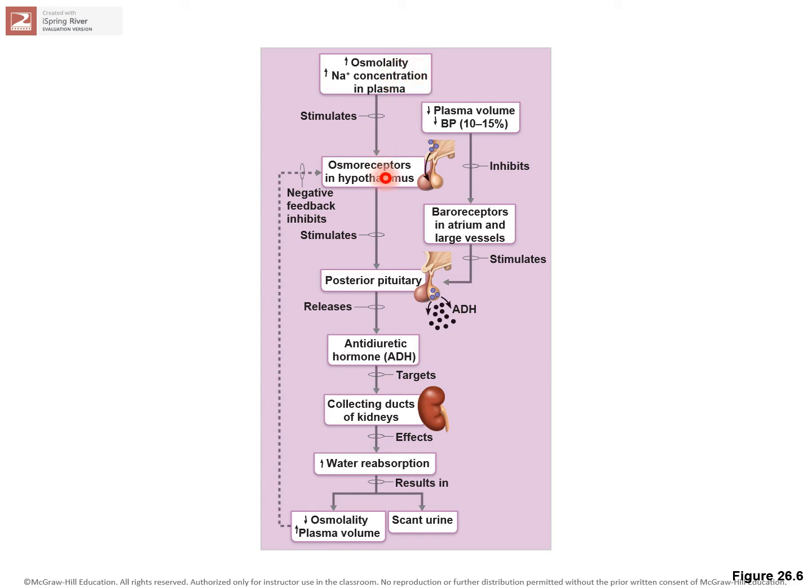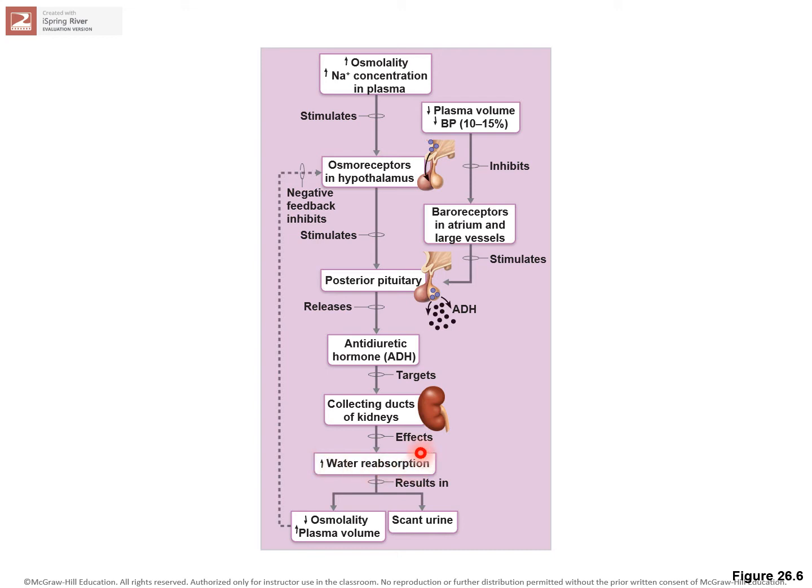This causes the activation of osmoreceptors in the hypothalamus, which in turn activates the posterior pituitary gland to secrete antidiuretic hormone. When the antidiuretic hormone acts upon the collecting ducts of the kidney, it opens up or activates the aquaporin channels and increases water reabsorption in the kidney.